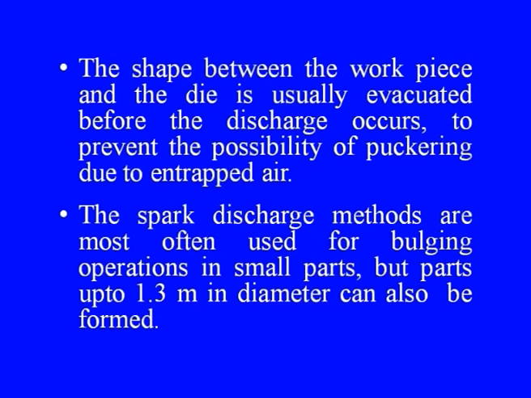The space between the workpiece and the die is usually evacuated before the discharge occurs to prevent the possibility of puckering due to entrapped air. The spark discharge methods are most often used for bulging operations in small parts, but parts up to 1.5 meter in diameter can also be formed.